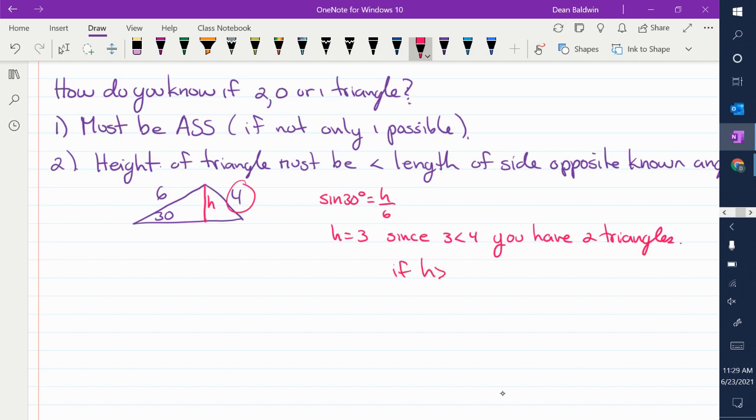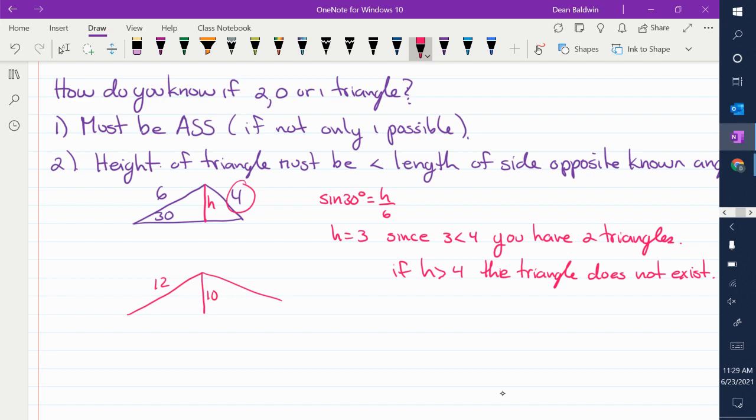If the height is greater, in this case 4, but bigger than that side there on the opposite, the triangle does not exist. Because what that means is, if I have a triangle like this, and this height is, I'll just make up some crazy numbers. Say that height is 10, right?